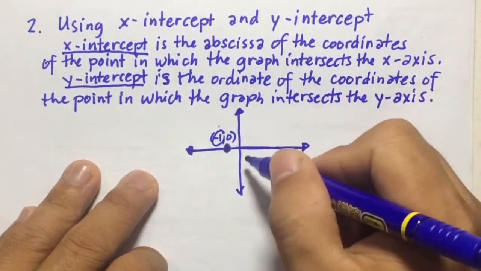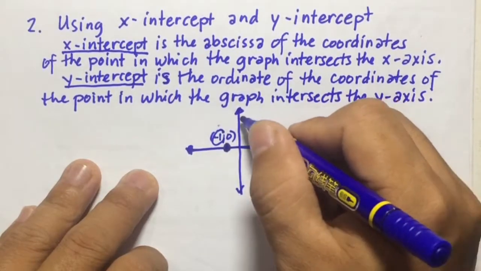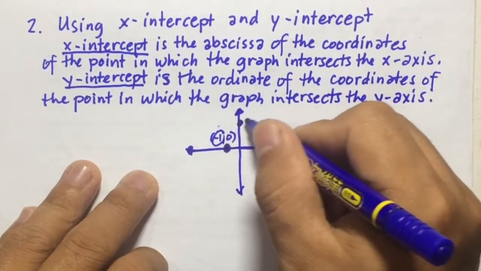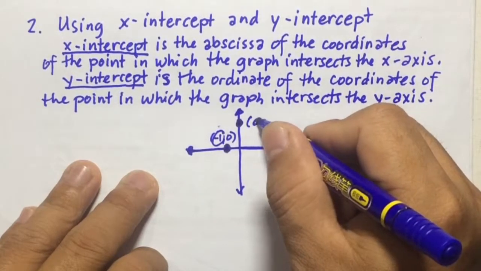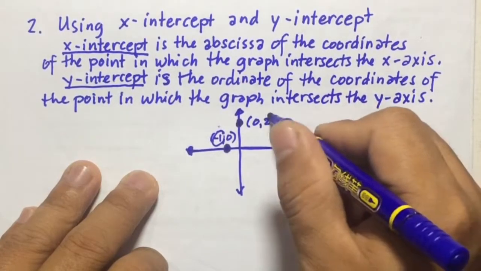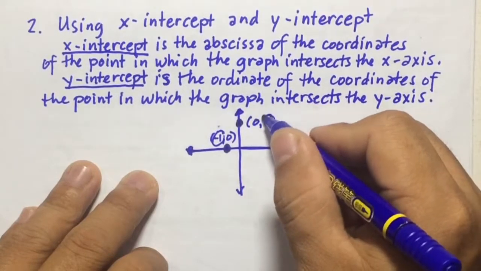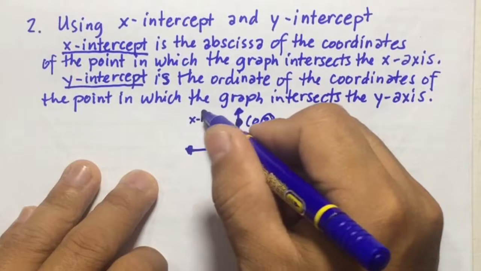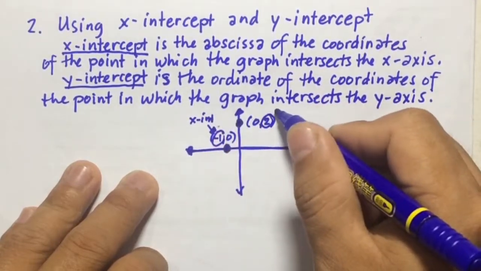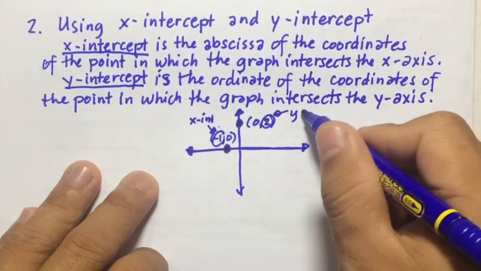negative 1, 0, so the x-intercept here is negative 1. And if the y-intercept, for example, in here is this point here, this is 0, 2, then the y-intercept here is 2. So again, this is the x-intercept, and 2 here is the y-intercept.